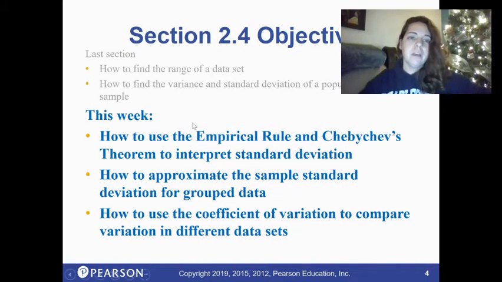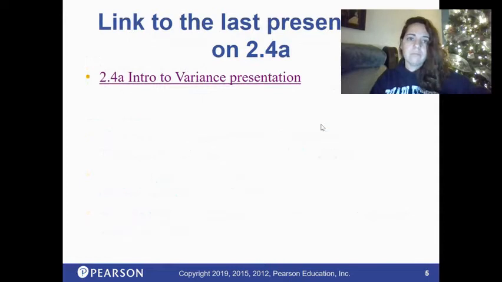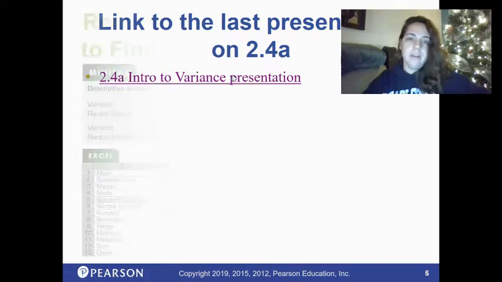A couple weeks ago, we talked about section 2.4a, where we were looking at range and using technology to find variance and standard deviation of a population or a sample. This week, we're going to interpret and try and understand what those numbers mean and how to use them. If you want to go back and look at that presentation, you can click on here.